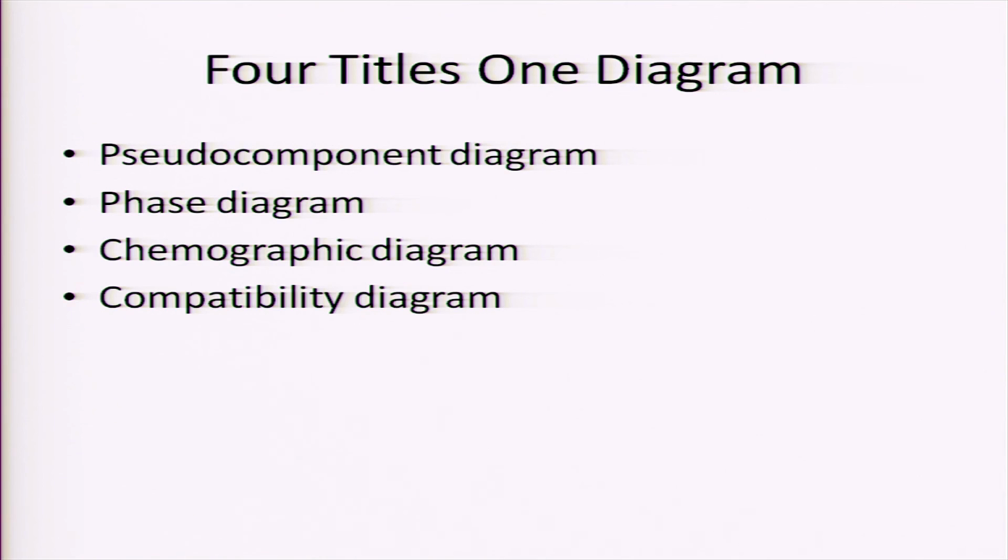If we now look at the way these diagrams are shown, they are pseudo component diagrams, they are phase diagrams because they are representing phases, they are chemographic diagrams because they represent how phase composition changes for a system, and they are also compatibility diagrams because they are able to distinguish which of the assemblages are compatible and which are not compatible.